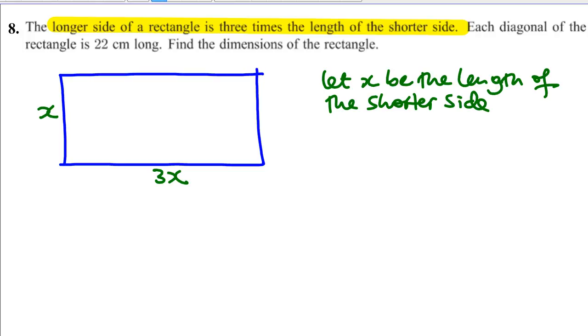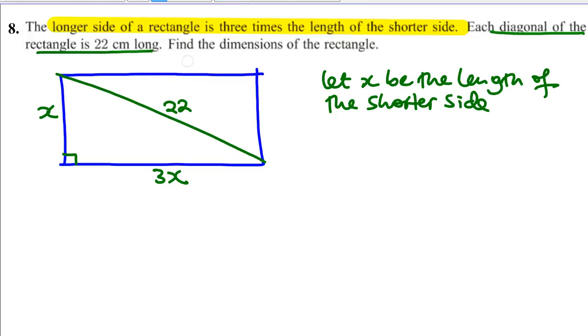Now we are informed here that each diagonal of the rectangle is 22 centimeters long. So each of these diagonals is 22 centimeters. I'll just write 22. It's a rectangle, which means each of the interior angles is 90 degrees.